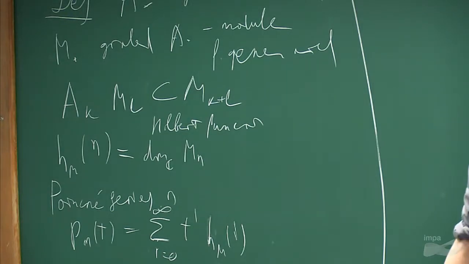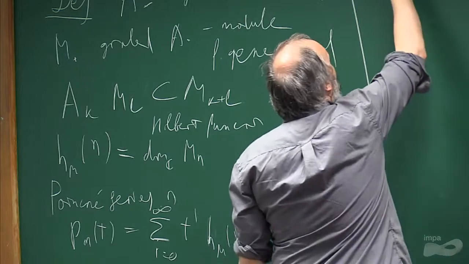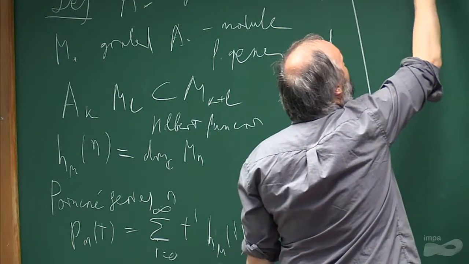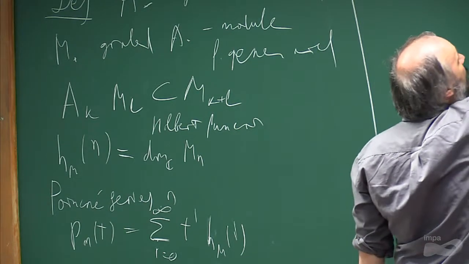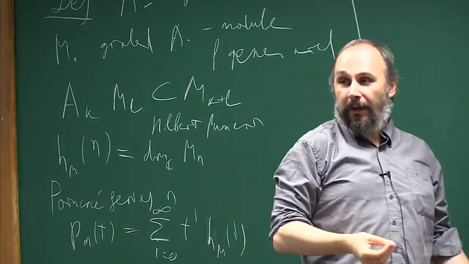A typical example: we can take A star equal to M star equal to C[t], just polynomials with the standard grading by the degree.